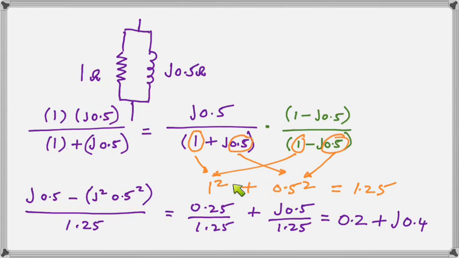So basically, it's just 1 squared plus 0.5 squared. Or you could replace those numbers with anything. If you had 25 plus J50, it would be then 25 squared plus 50 squared. Easy as pie. So when we multiply 1 by 1, we get 1. And when we multiply 0.5 by 0.5, we get 0.25. And we simply add them together to get 1.25, a simple real number, which we put to the bottom.